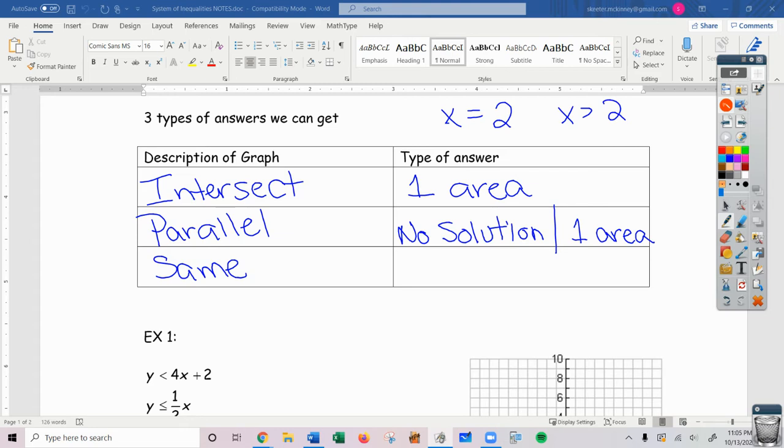If that wasn't complicated enough, when we get to the same line, it can just be the line, it could be no solution, or it could be one area. So we definitely have a lot to think about as we're doing these problems.